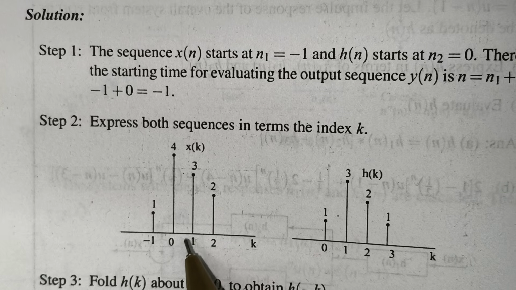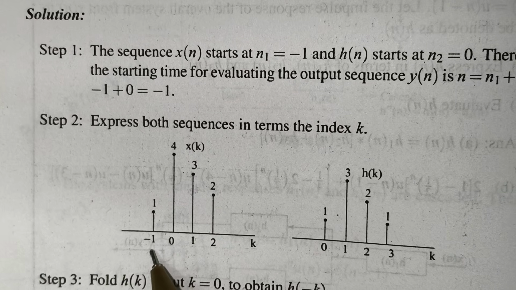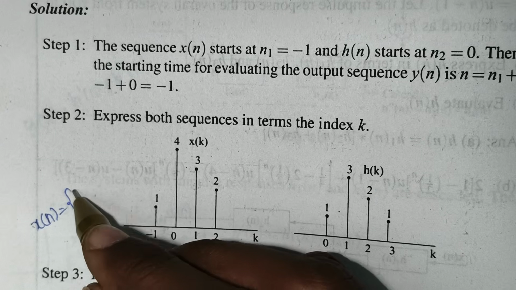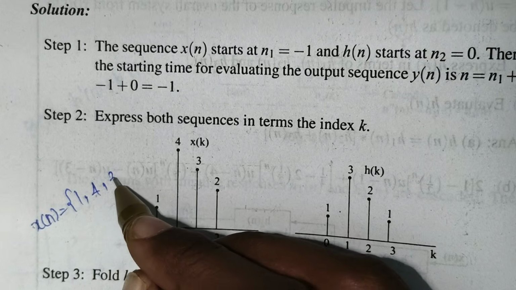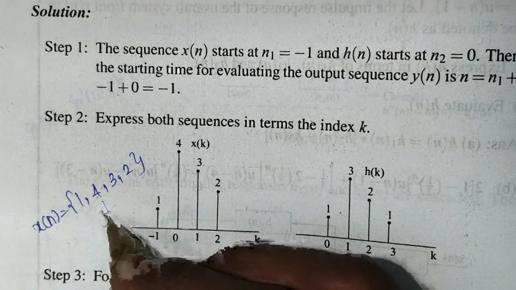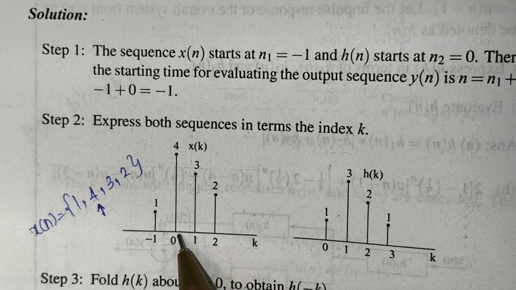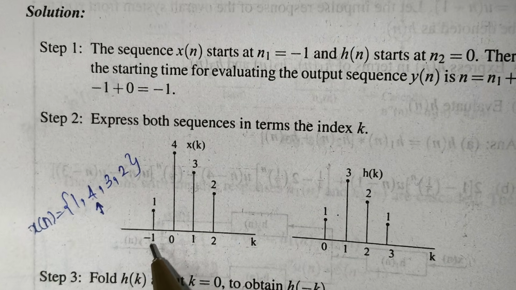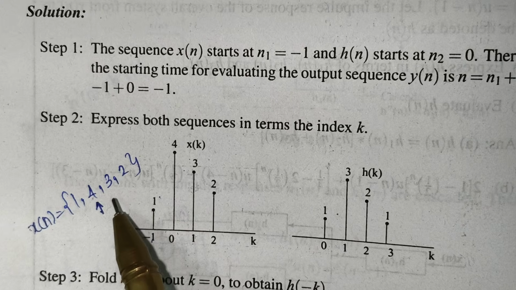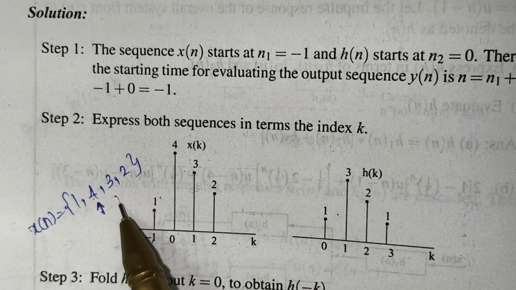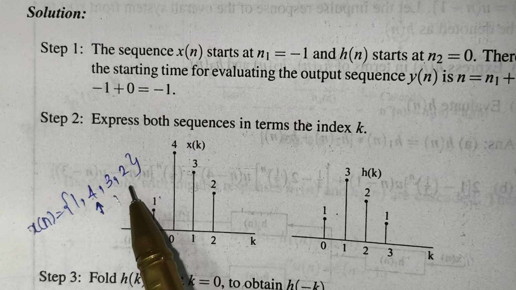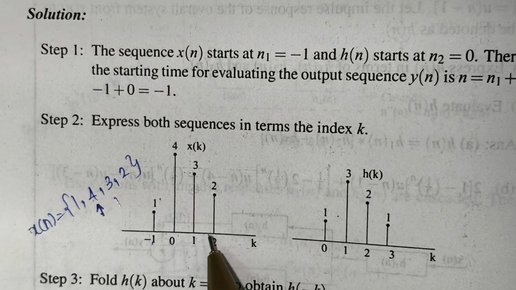As we have discussed earlier, we have this sequence x of n, which is equal to 1, 4, 3, 2. At the point 0, the amplitude of the signal is 4, and at the point -1, the amplitude of the signal is 1, and at time period 1, the amplitude is 3, and at time period 2, the amplitude will be equal to 2.